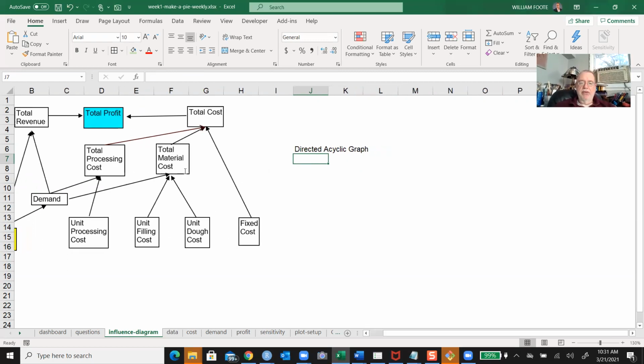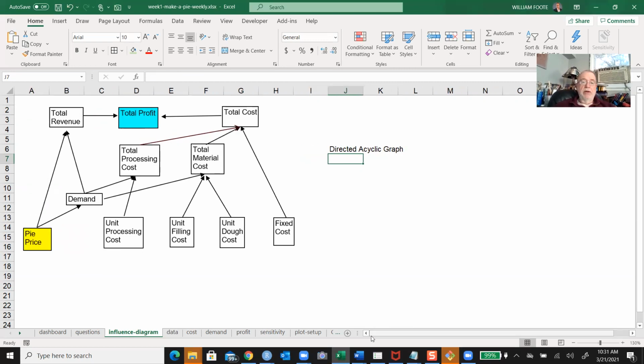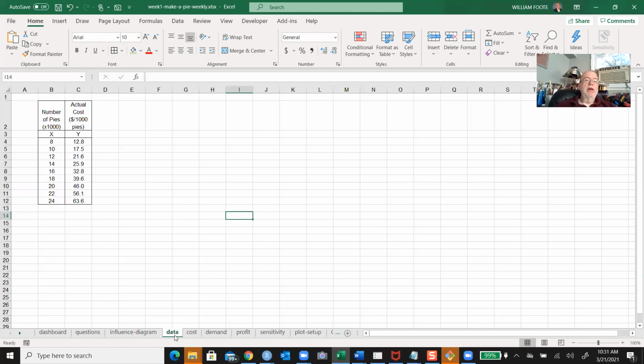But here's our map. This is the map of this whole project. It's basically saying we need a profit module, we need cost modules, maybe one cost module, and we need a demand module. There is some data given in this problem, and it ends up being processing cost data. You see, it's just raw data, just numbers.